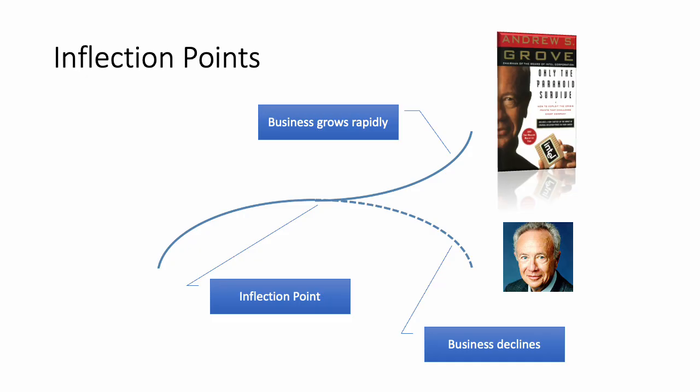He talked about inflection points, and what he said basically is that businesses naturally hit these points where they make decisions every day, and occasionally a decision will come up that you have to make, and if you do it right, your business will grow rapidly, and if you make the decision poorly, your business will decline, possibly to the demise of the entire business. That's the general idea.